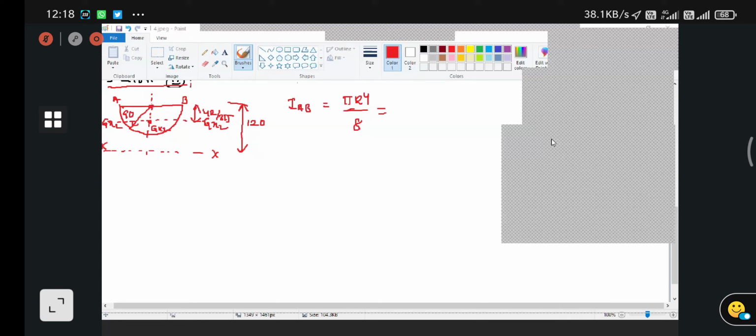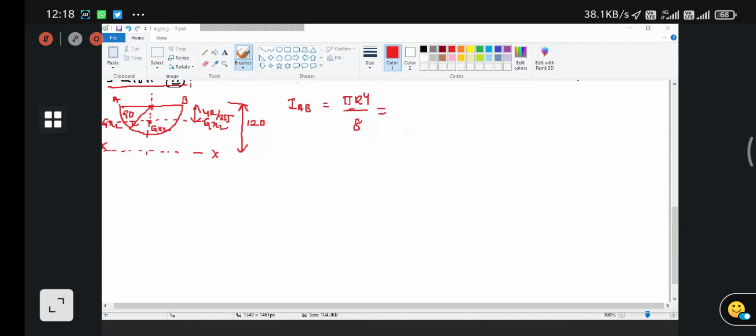So I am going to get the value of 2576498.675 mm power 4.